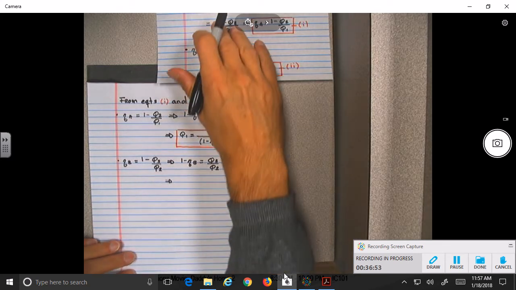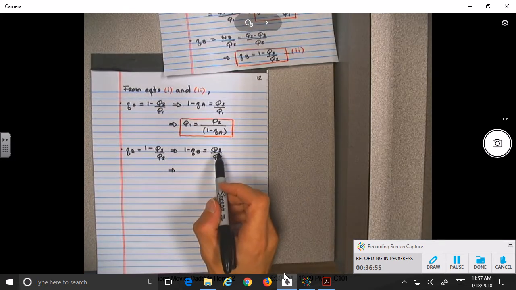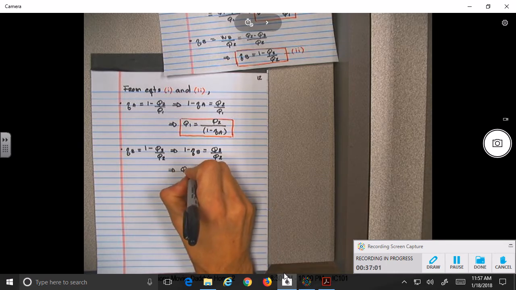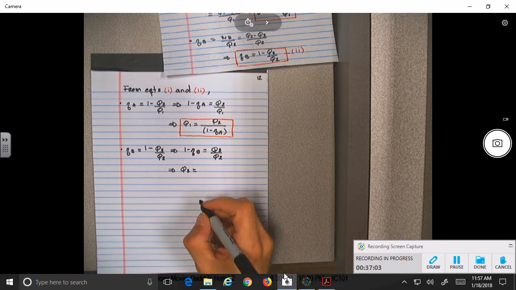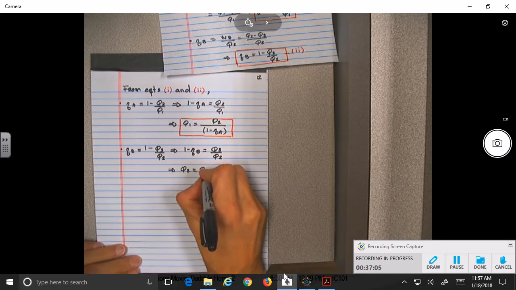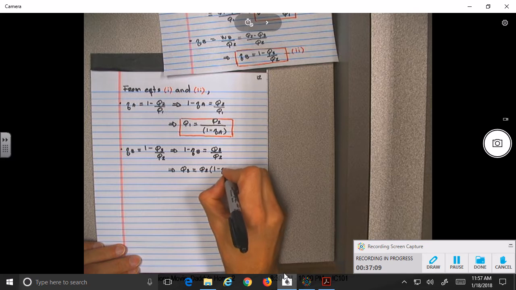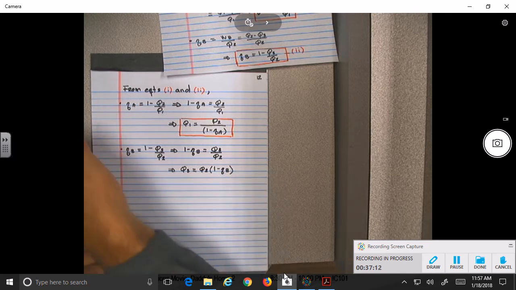And this time we want to rewrite the expression of which one? Q1, Q2, or Q3? Q3. So Q3 will be equal to Q2 times 1 minus eta sub B.